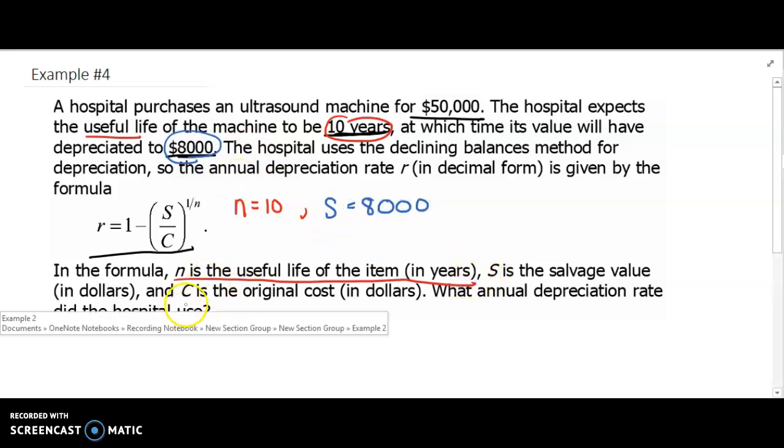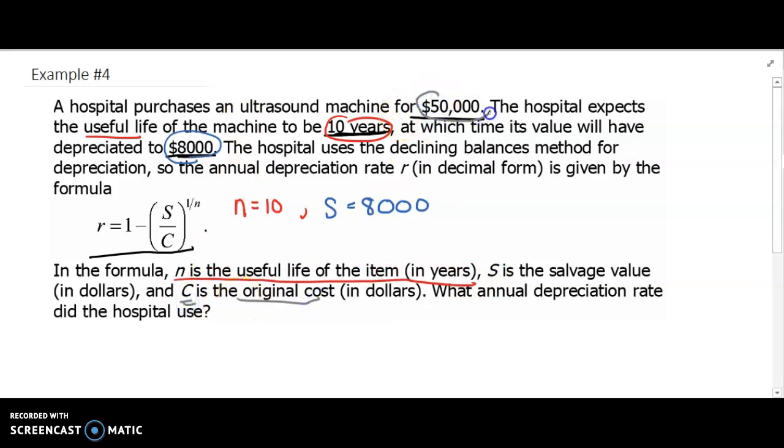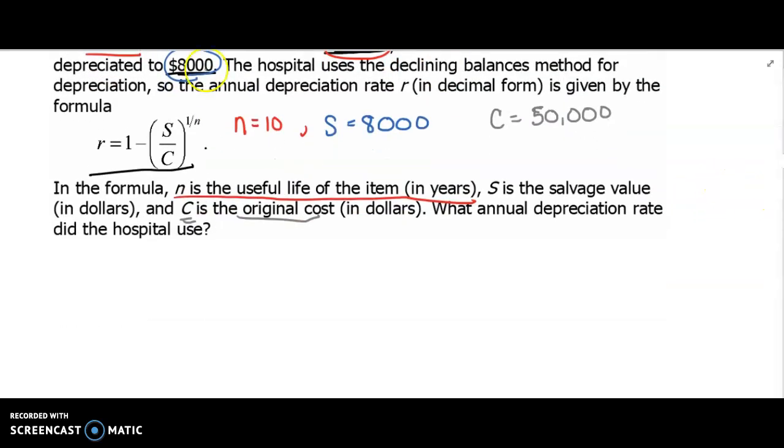And C is the original cost, and it tells us right here we bought it for $50,000. Now we just need to put these into the formula. So our R is going to be 1 minus the quantity 8,000 over 50,000 to the 1 over 10.